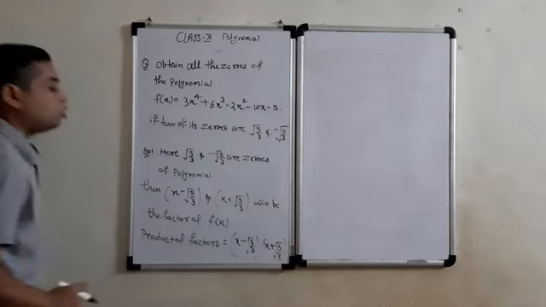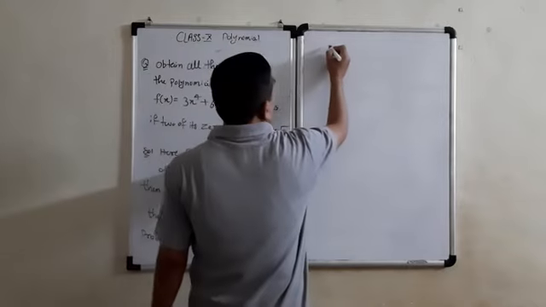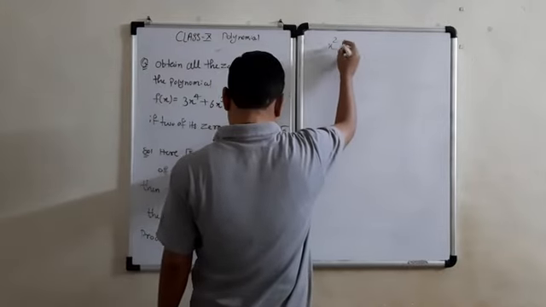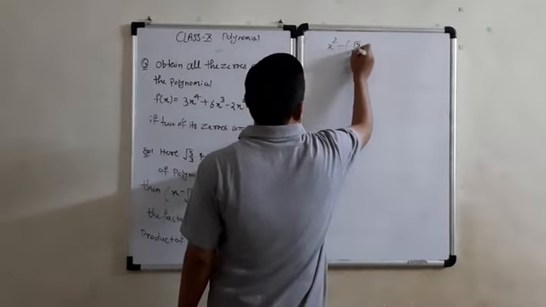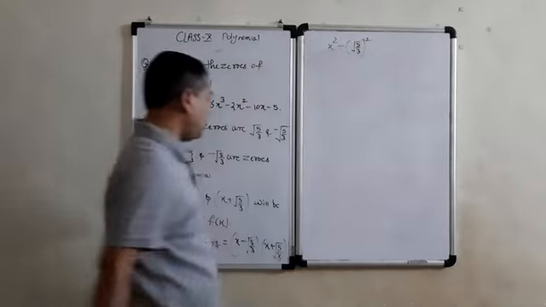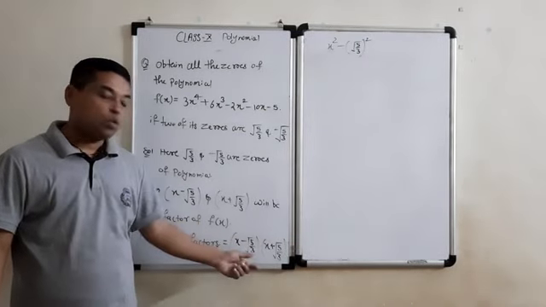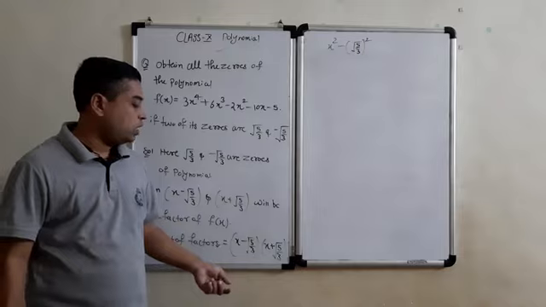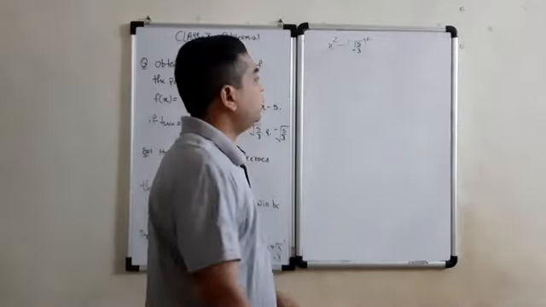We will find the product of given two factors. So it will come x square minus root 5 by 3 whole square. What we did here, we applied the identity a minus b, a plus b, that is equal to a square minus b square. A square means x square, b square means root 5 by 3 whole square.